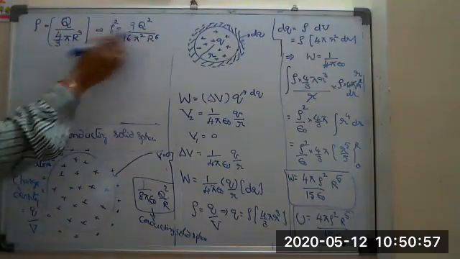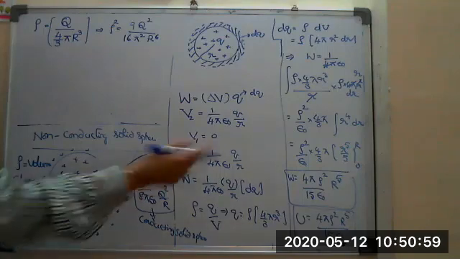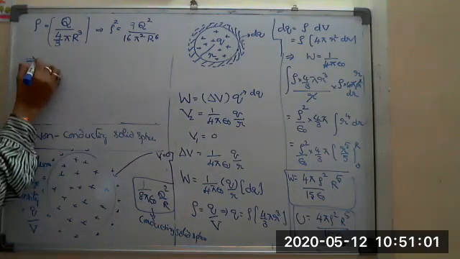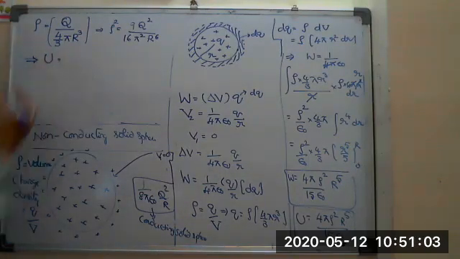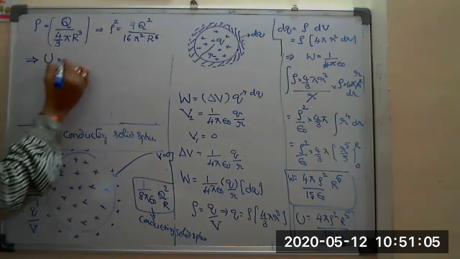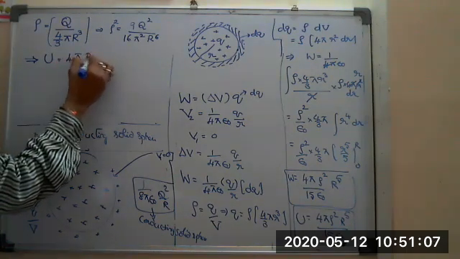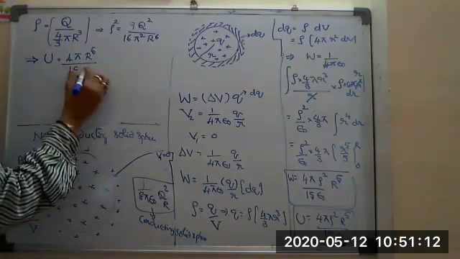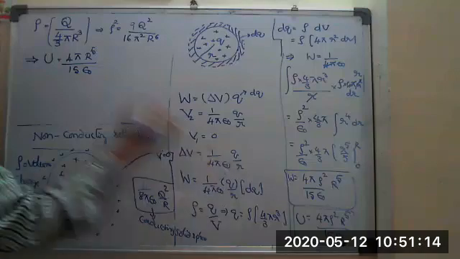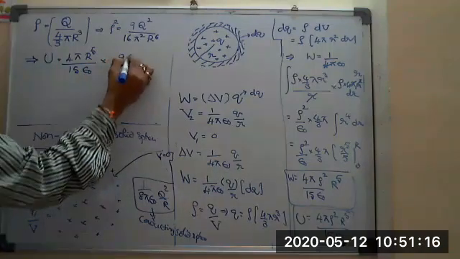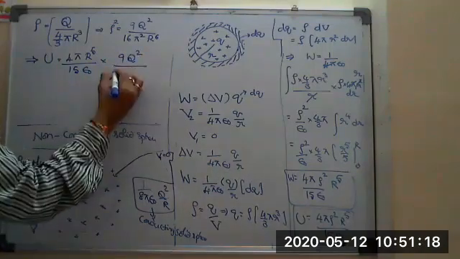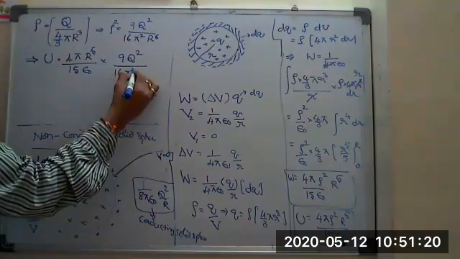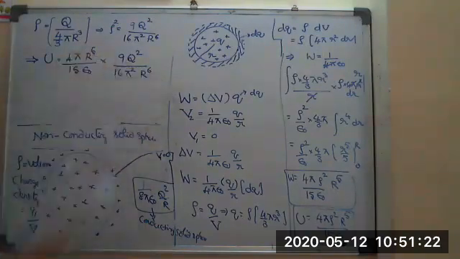By squaring this term, I will get the rho square term. Then I will substitute there in the self potential energy of the non-conducting sphere. U equals 4 pi r power 5 divided by 15 epsilon naught into rho square. I am substituting 9q square by 16 pi square r power 6.